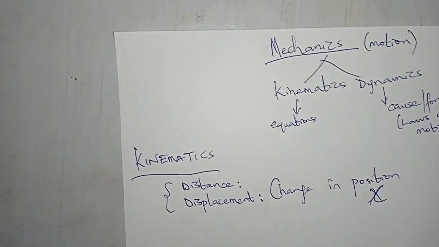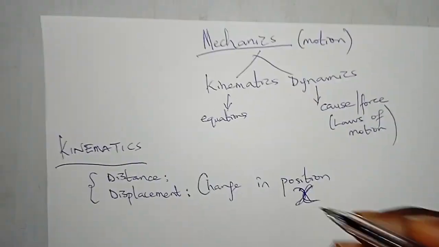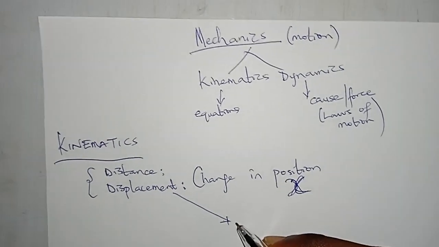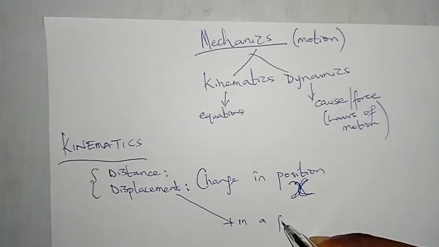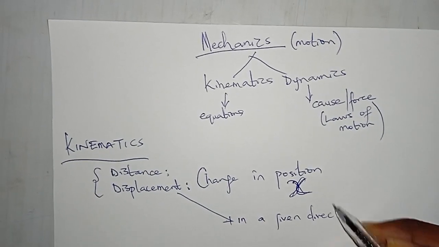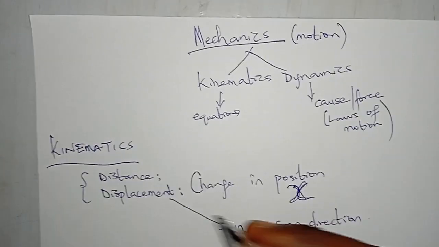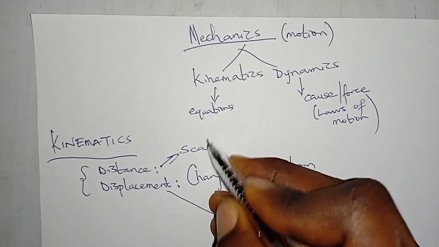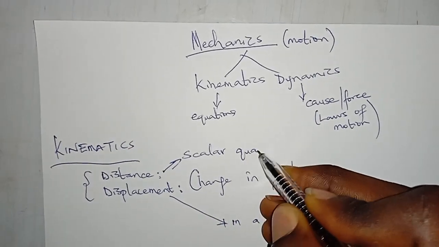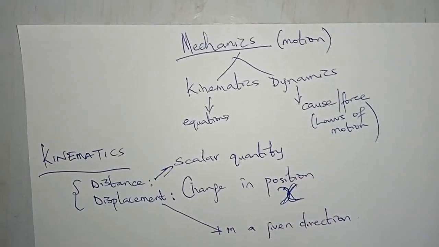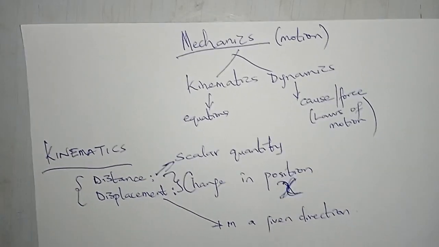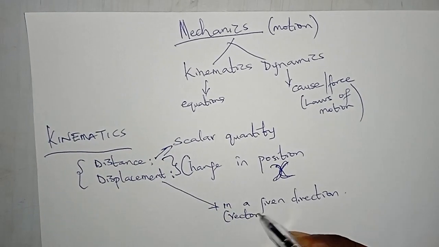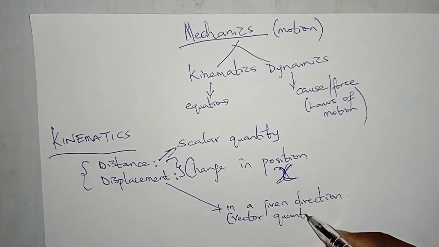The only difference is that displacement talks about change in position in a given direction, while distance talks about change in position and has no business with direction, so it's a scalar quantity. And you know that when you talk about direction, you're definitely talking about a vector quantity. So displacement is a vector quantity.